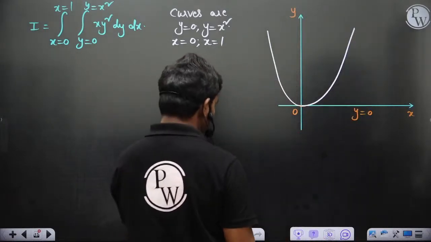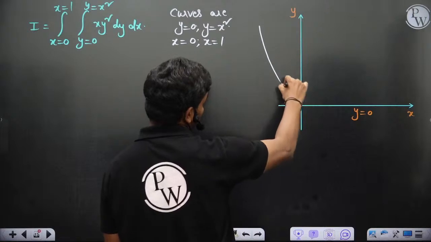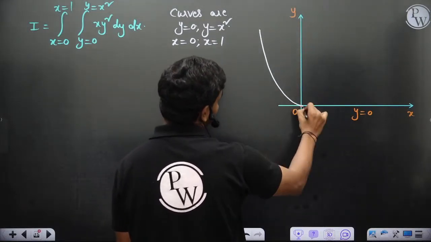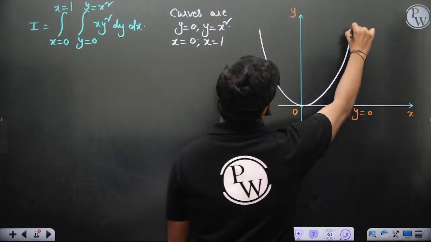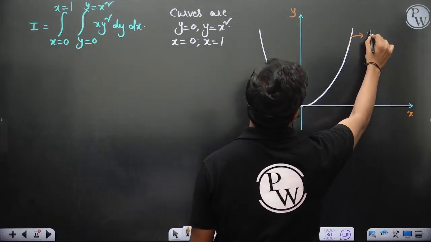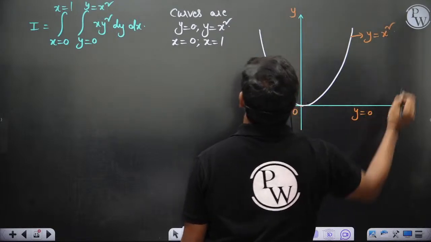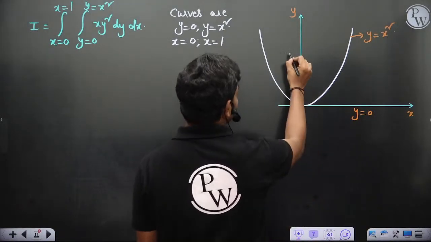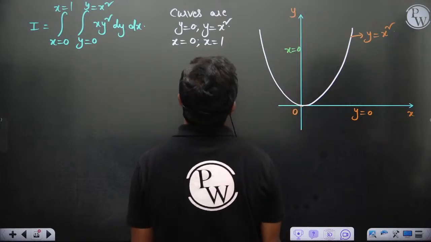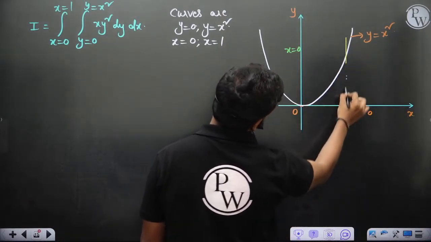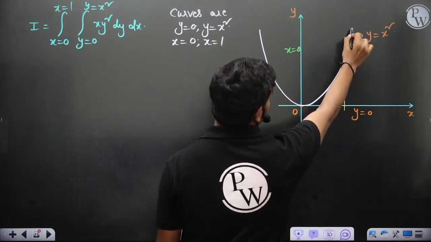I'm a very bad artist, but bear with me. So this is the y equal to x square curve. Then x equal to 0 is the y-axis, and x equal to 1 is somewhere here.